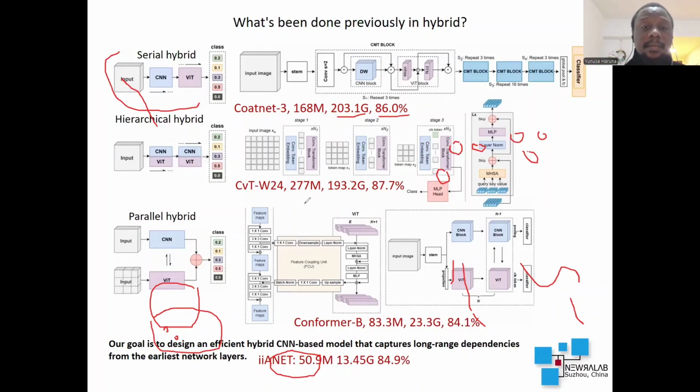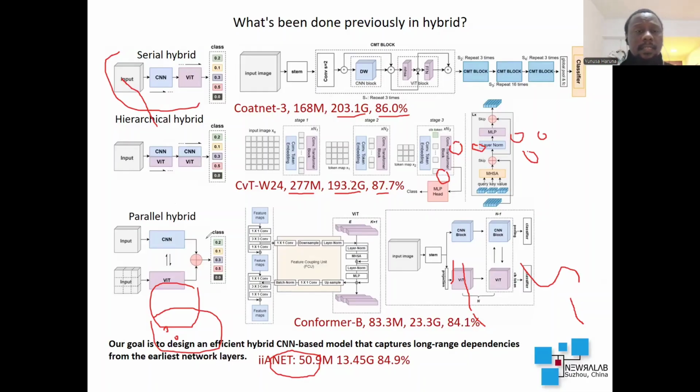Here you can also see it has very high trainable parameters, and very high G-flops, and as well it has a very high top 1 accuracy on ImageNet. So what we want to do is to come up with a design that is less resource-hungry, especially recently that there are a lot of issues with energy.